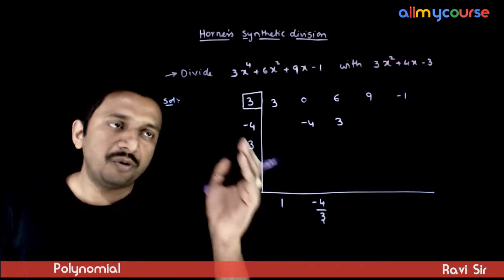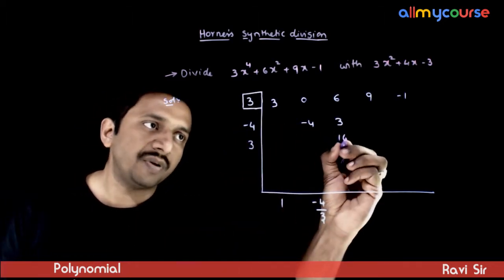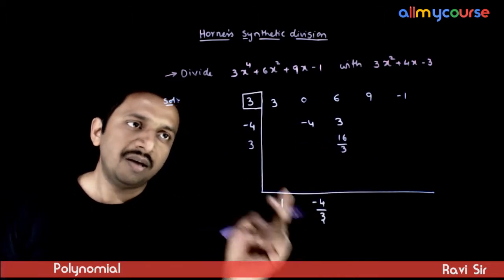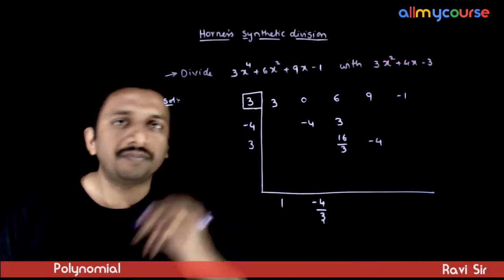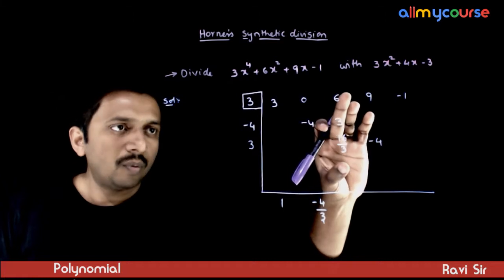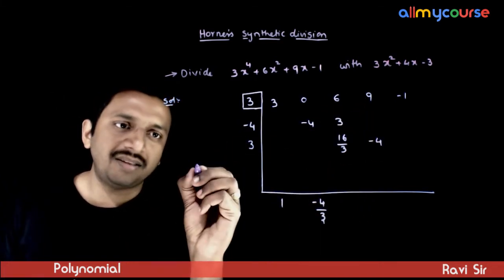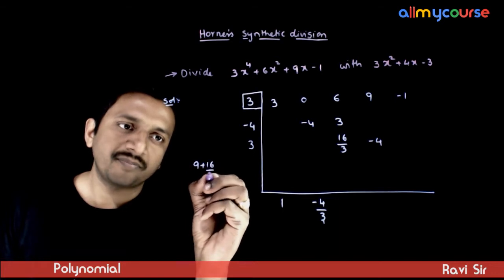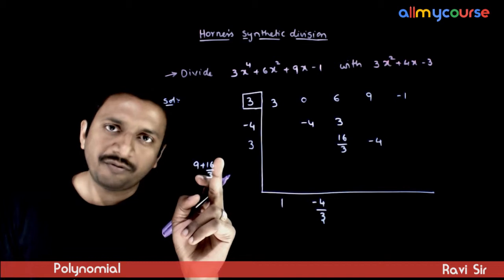Now using minus 4 by 3, do the multiplication. So minus 4 by 3 into minus 4 is 16 by 3. Minus 4 by 3 into 3 is minus 4. Now what is the number that you get here? 9 plus 16 by 3. So 27 plus 16, 43.